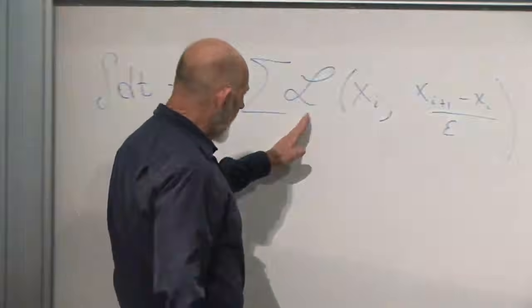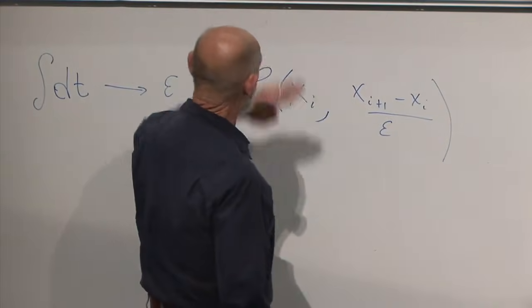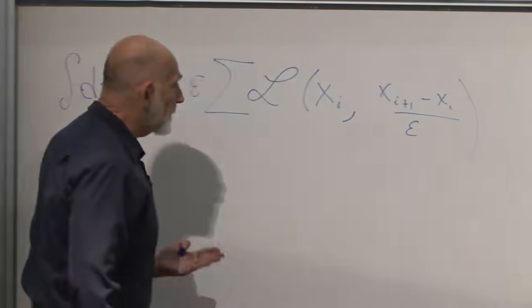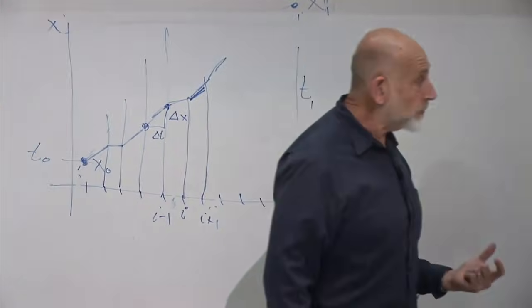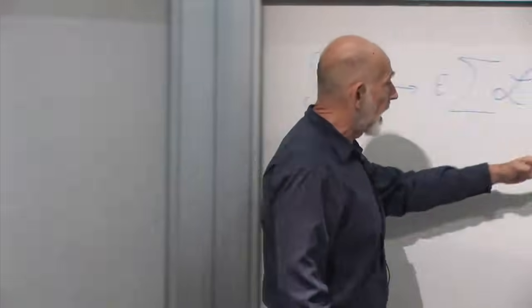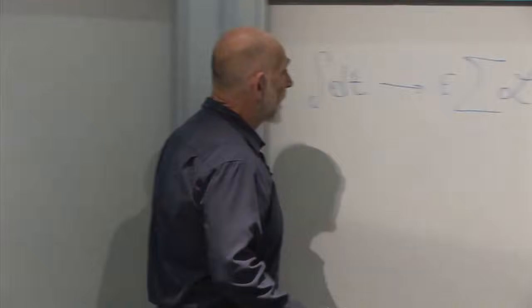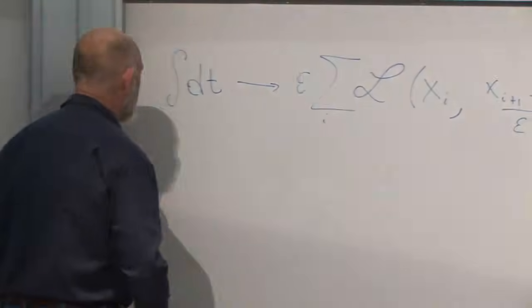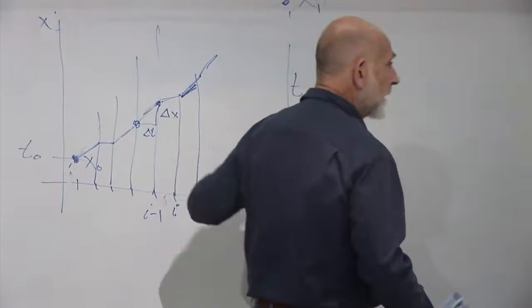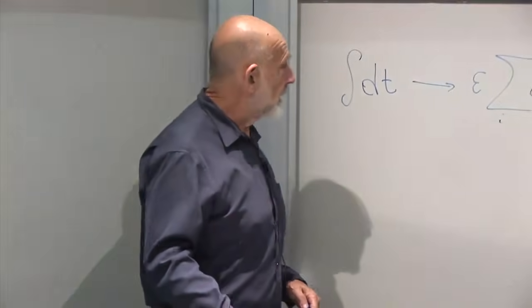This Lagrangian quantity depends on position and it depends on velocity, and velocity is being approximated by the change in position divided by the time interval. And what do we do with this? We sum it over all of these little intervals here. That's an approximation to the action.